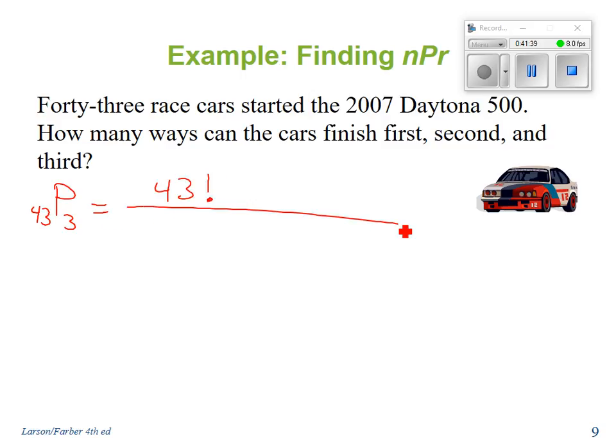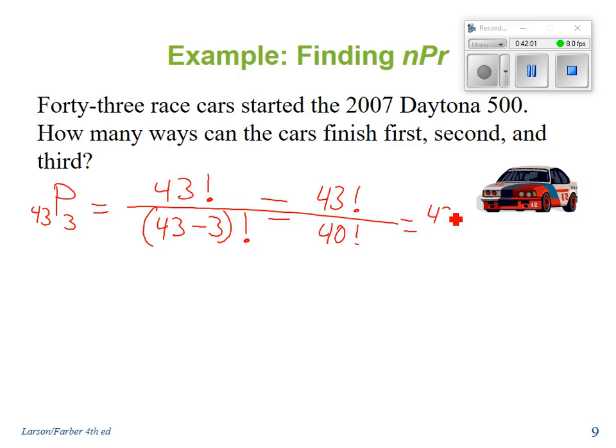On the bottom, it's going to be 43 minus 3 factorial. 43 minus 3 is 40. So we've got 40 factorial on bottom, 43 factorial on top.